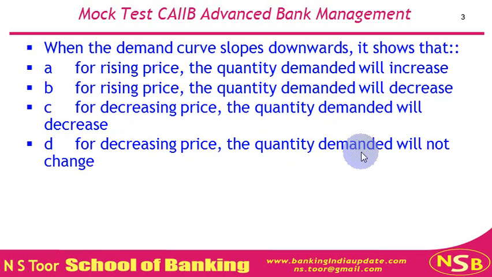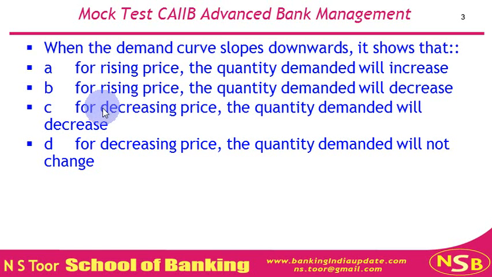Whenever there is a downward slope of the demand curve, the relationship will be in the opposite direction. If price rises, the demand will come down. If price declines, the demand will increase.